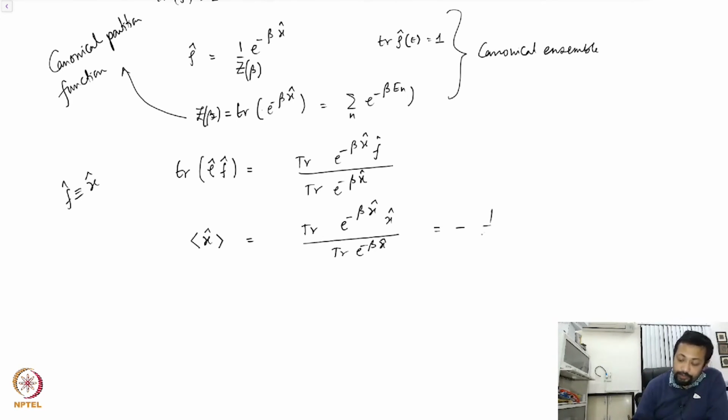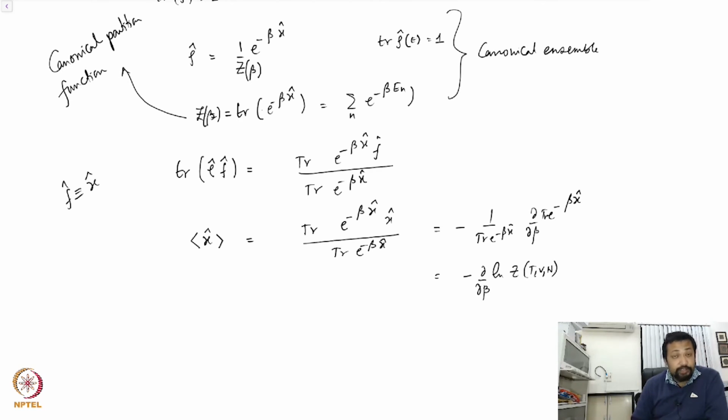So this is 1 over trace of e to the power minus beta H times minus del del beta of e to the power minus beta H, traced. So this becomes minus del del beta of ln Z, which is the result we obtained for classical statistical mechanics in the canonical ensemble, right?